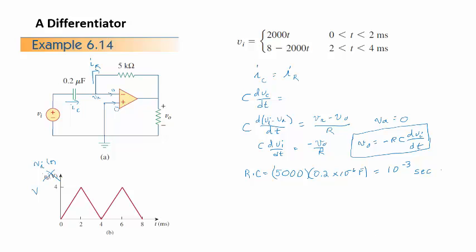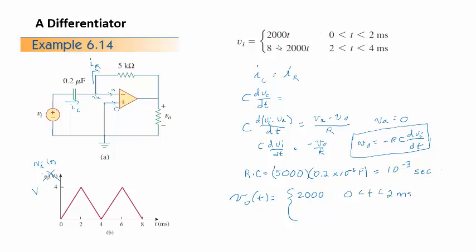So then it's really just a matter of plugging into our differential equation right here: V out equals R times C times dV/dt. Here is Vin right here. We have to take the derivative with respect to time, and those are nice linear equations, so it's pretty easy. V out as a function of time will equal the derivative of this. The derivative of 2000t with respect to t is simply 2000, and that's valid for 0 less than t less than 2 milliseconds.